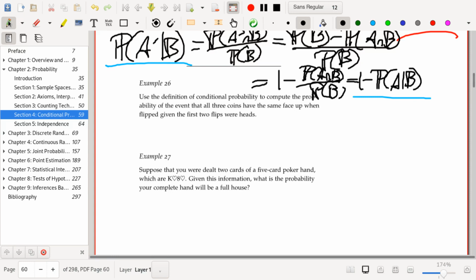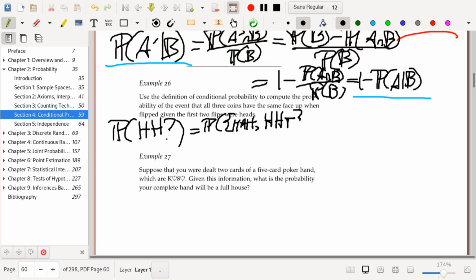So the probability that the first 2 flips were heads, which I will denote like so, is going to be the probability of the event consisting of heads, heads, heads, and heads, heads, tails, which is going to be 1/4.